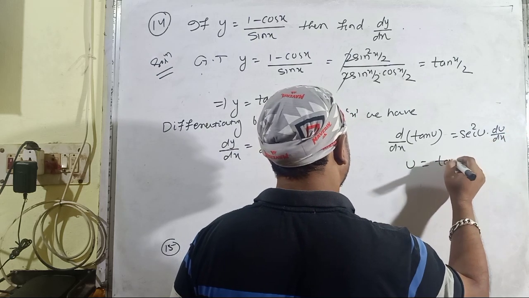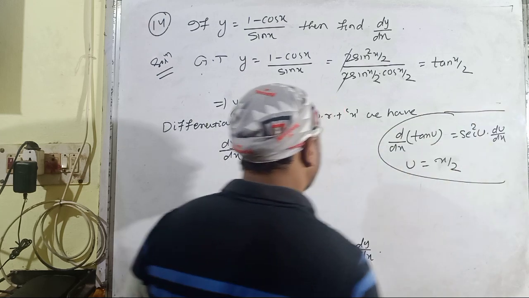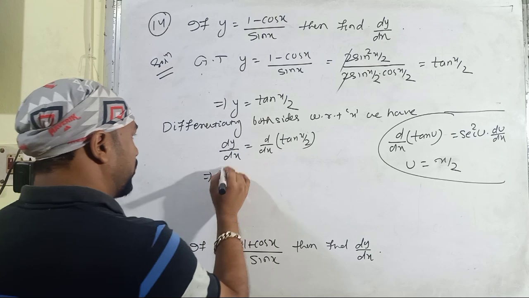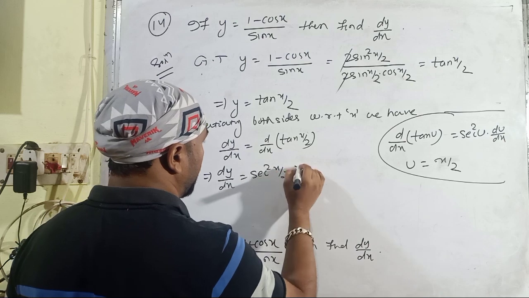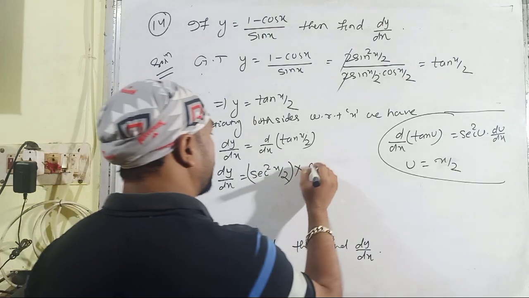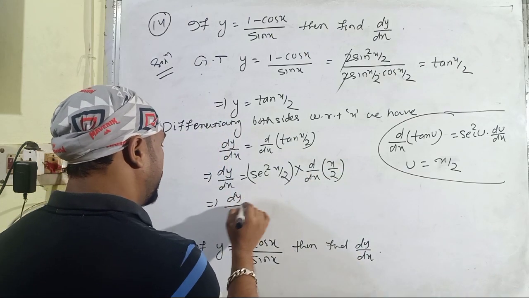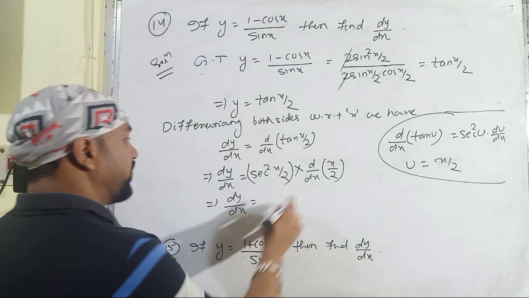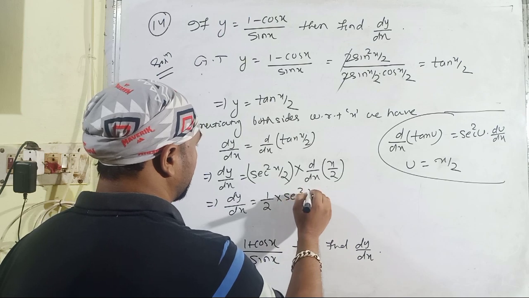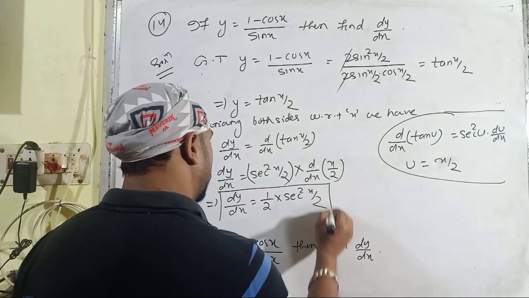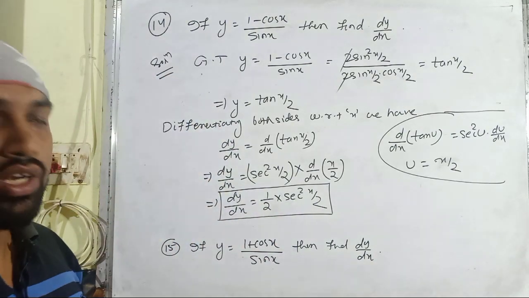Here u is equal to x by 2. So dy upon dx is sec square x by 2 multiplied with differentiation of x by 2. Differentiation of x by 2 is 1 by 2. So dy upon dx is 1 by 2 multiplied with sec square x by 2, and it is the required solution for the given problem number 14.